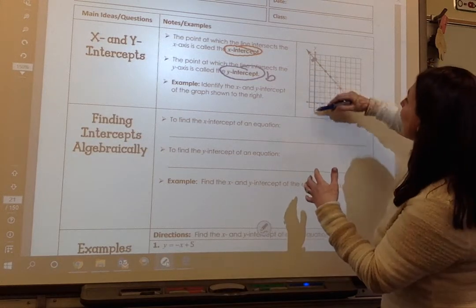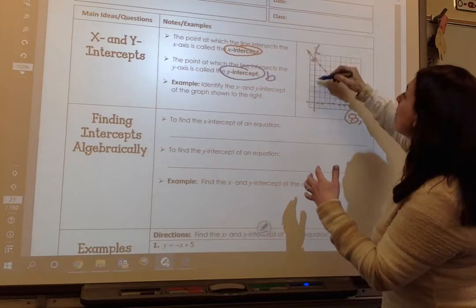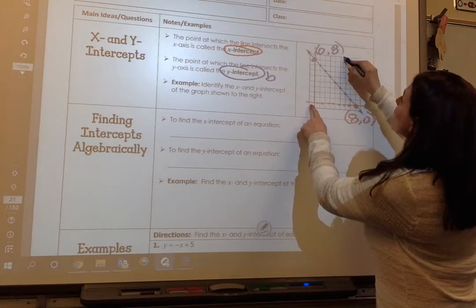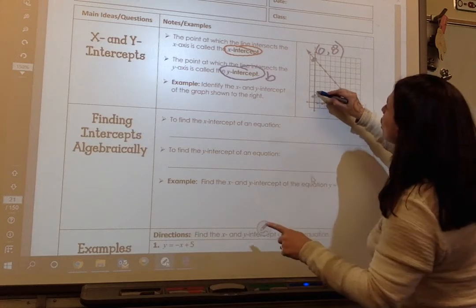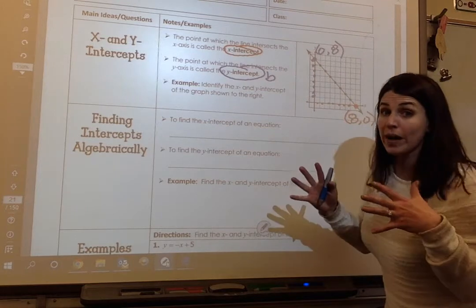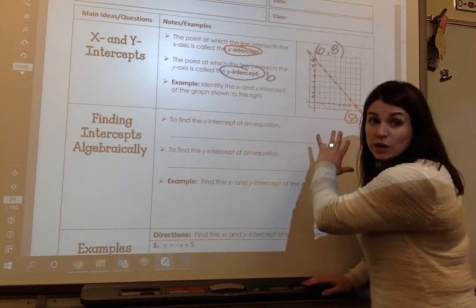On my y-axis, here I have 1, 2, 3, 4, 5, 6, 7, 8. My x value is 0. But my y value is 8. And along any of these points, my x value will always be 0. So graphically, that's what it looks like.